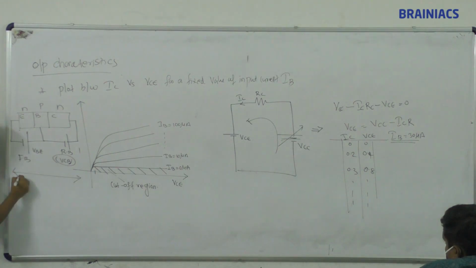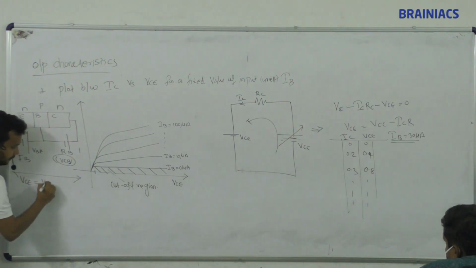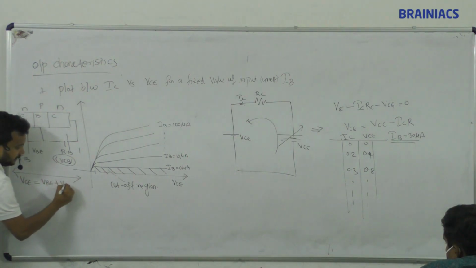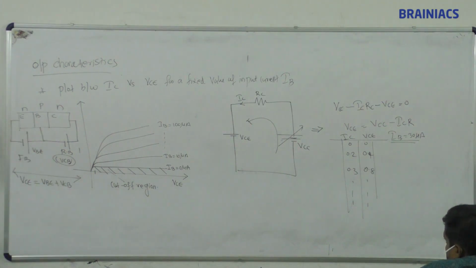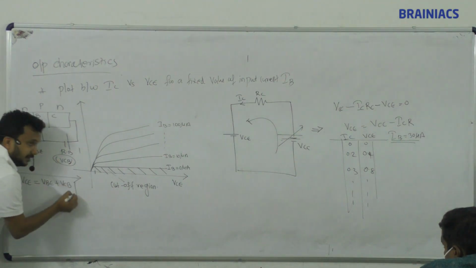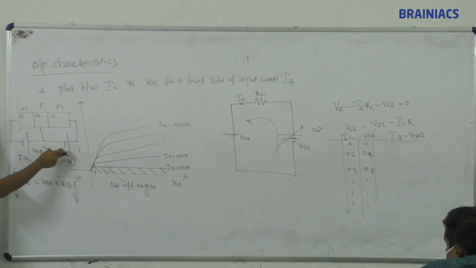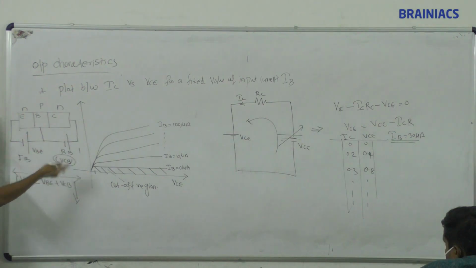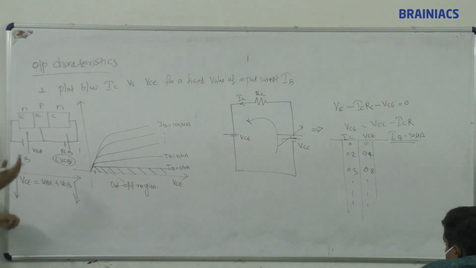So I know VCE is equal to VBE plus VCB. Now what will reduce here? VCB will reduce, which means the reverse biasing is reducing. Finally it becomes 0, then it becomes forward bias.